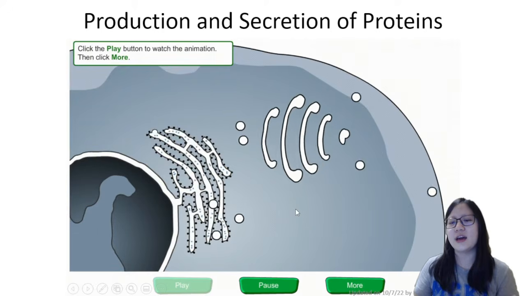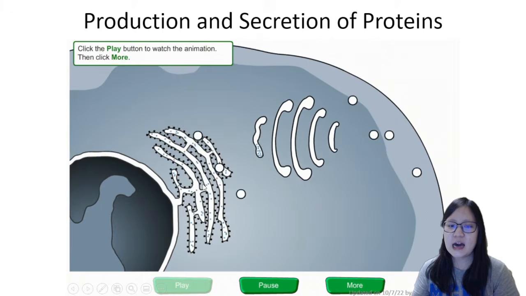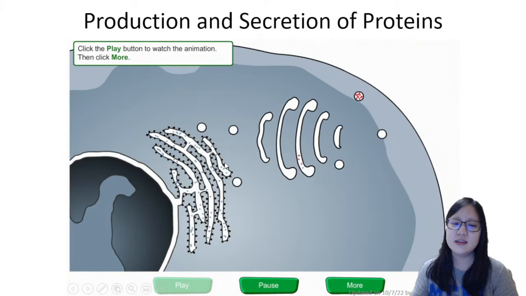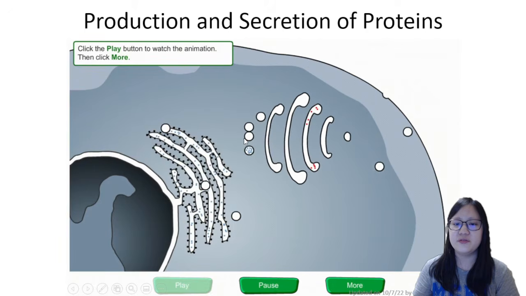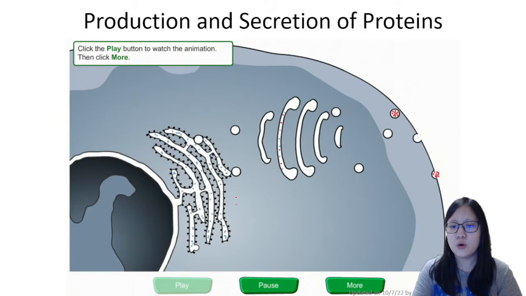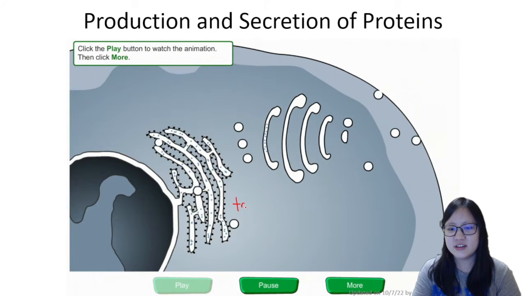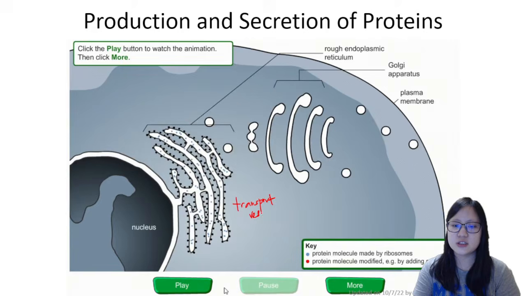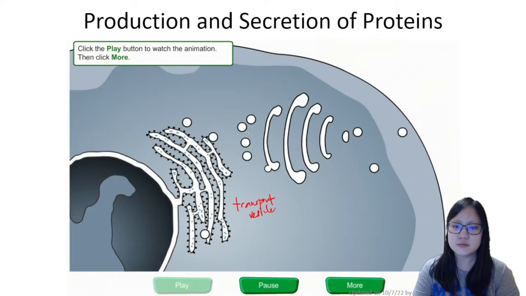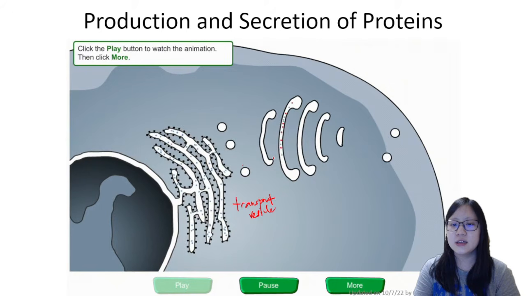Now let's look at an overview of what's going on. We can see here how proteins are made in the RER, right? And these here are transport vesicles. Can I write that? Does it like it if I write on the animation? Hey, I can. Okay, so the transport vesicles bud off from the ER, carrying those proteins, and you can see it fusing with the Golgi body.